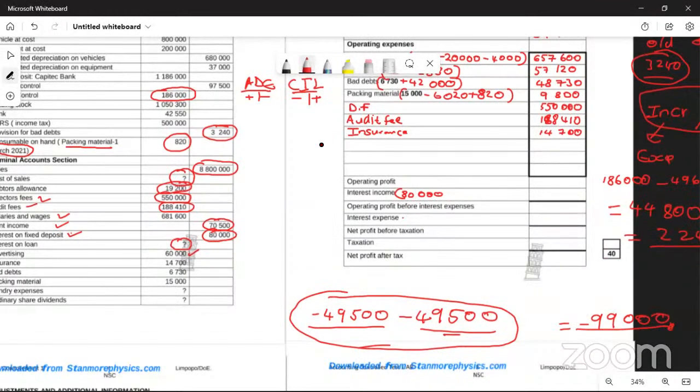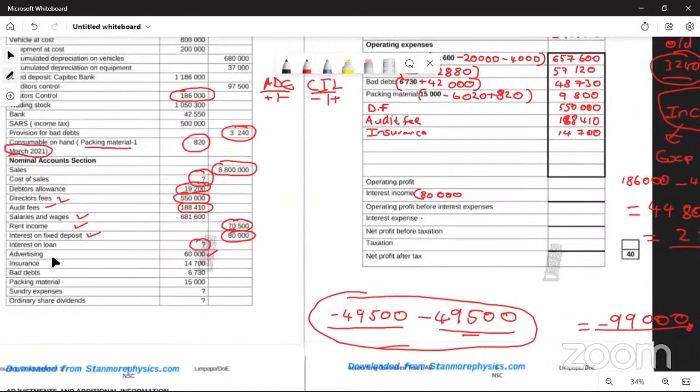We move on to the next expense following insurance, which is bad debts. Bad debts we have already used. Okay, it's a tick. The insurance, it's a tick.